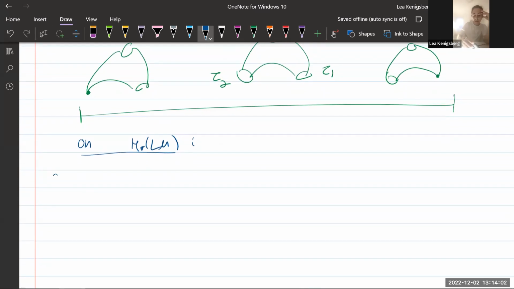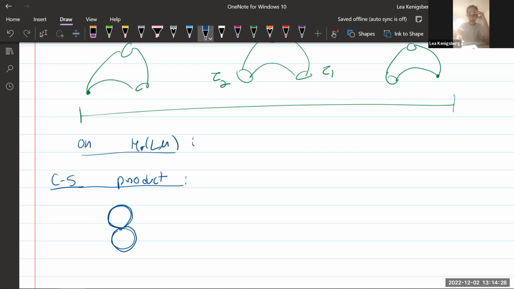So you can define the Chas-Sullivan product. And the idea is if you are in the based loop space and you have two loops, you can concatenate them and get another loop.